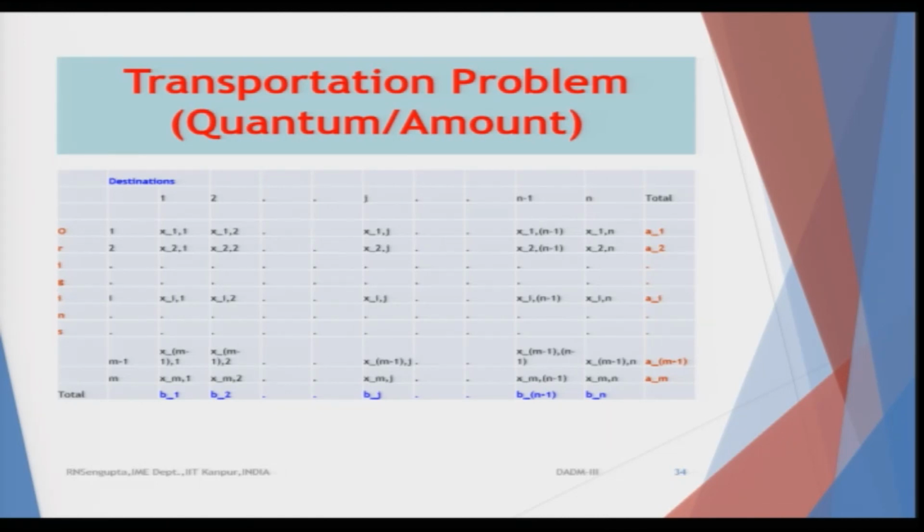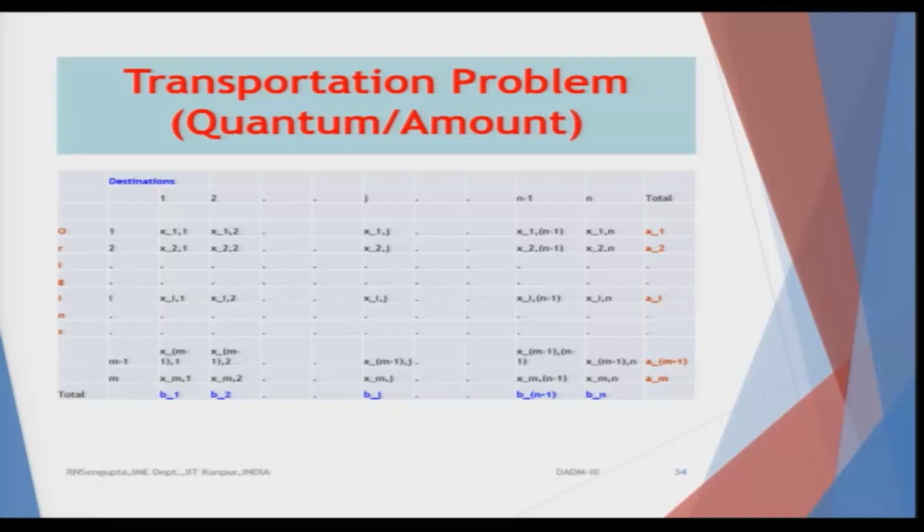Now, the total quantum of goods being transported from the first origin to the first destination is given by x suffix 1 1. So, this 1 comma 1 is the suffix. That means I am transporting x 1 1 quantum of goods from origin 1 to destination 1. Similarly, I am going to transport x 1 2 amount of goods from origin 1 to destination 2.